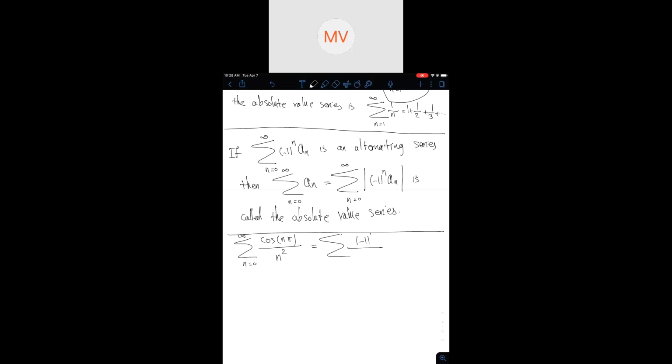So in fact, cosine of n pi is exactly (-1)^n, over n squared, n from 1 to infinity. Sorry, guys. And as you can see, this is -1 plus 1/4, minus... What am I doing? It's not 2 to the n, it's n squared. So it's 4, 9, 16, right? And so on.